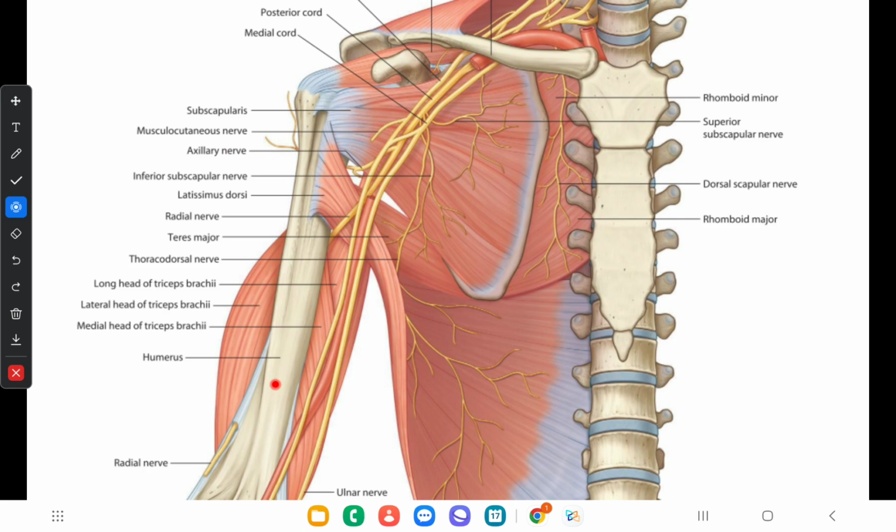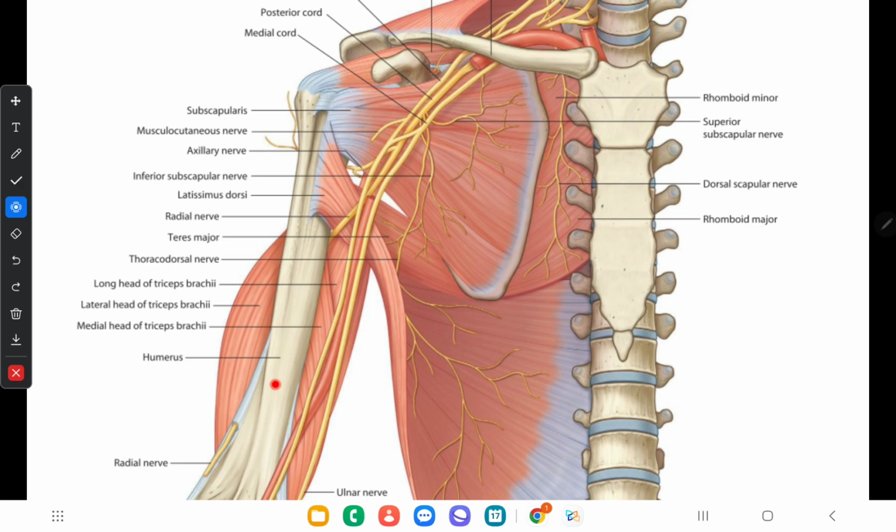What are the three branches that arise at the axillary level? A branch to the long head of the triceps muscle, another branch to the medial head of the triceps muscle, then the posterior cutaneous nerve of the arm. Those are given at the axillary region.